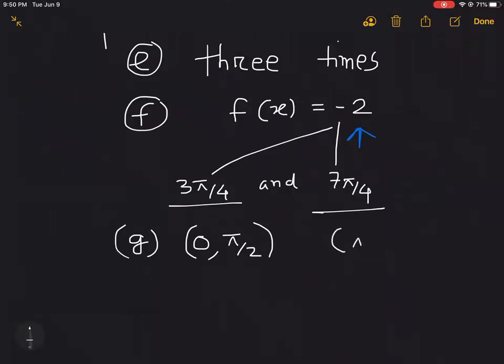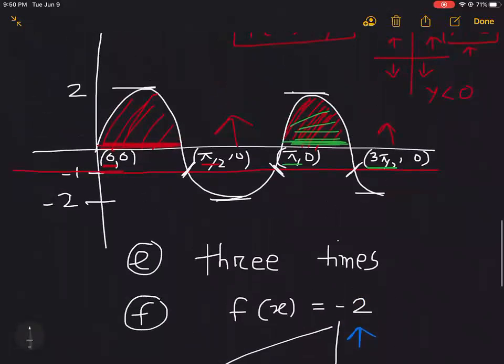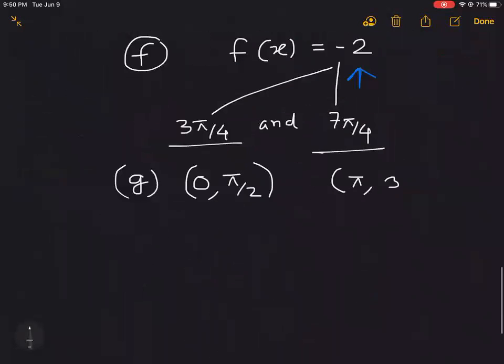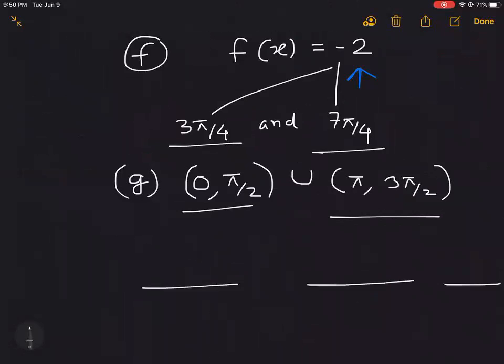And we also have another interval from pi to 3 pi over 2, right? From pi to 3 pi over 2, yeah. So for these two intervals of x, we have positive values for y, and as we have two different intervals, we'll use this union sign, and that's your answer. Okay.